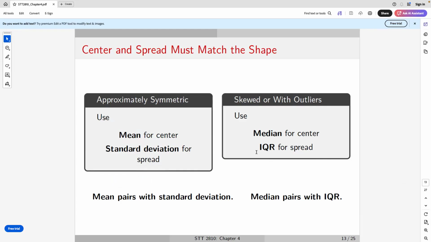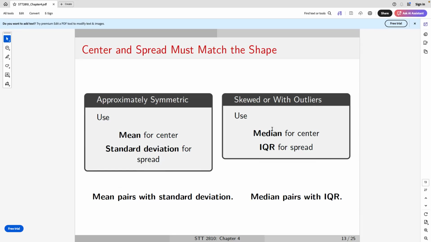This is also to remind us what we learned last time, that if a distribution is approximately symmetric, we use the mean for the center and the standard deviation for the spread. I have spoken about this in previous meetings. I just want to emphasize that because it usually comes on your test and you still have some students getting it wrong.